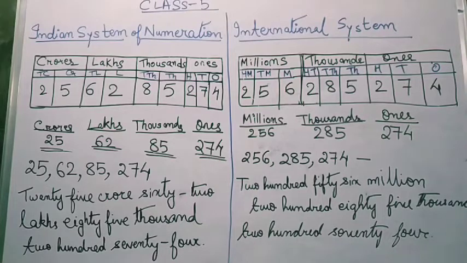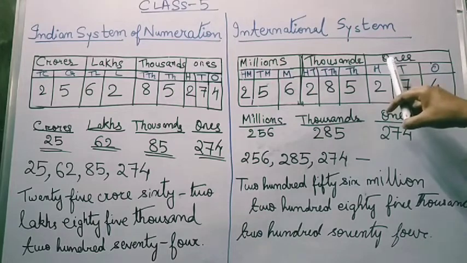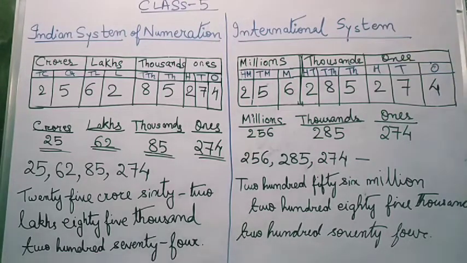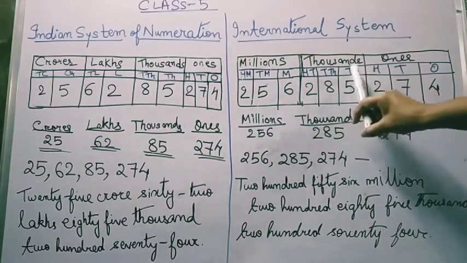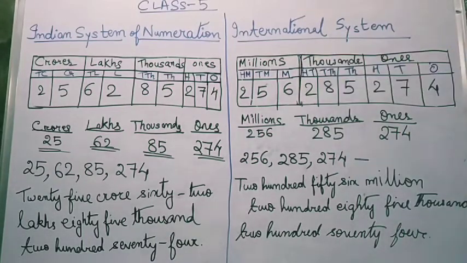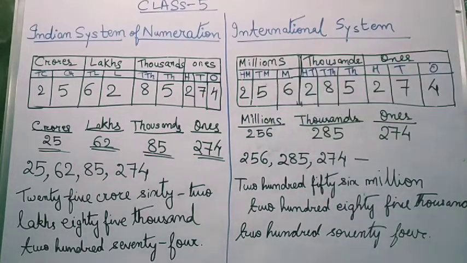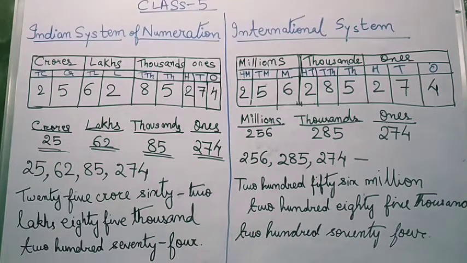Now you see, again I am telling, in ones period, how many digits? 3 digits. Ones, tens, 100. In thousands period, 3 digits: 1,000, 10,000, 100,000. And in millions period, 3 digits: million, 10 million, 100 million. Now, you have to mark the periods with commas.